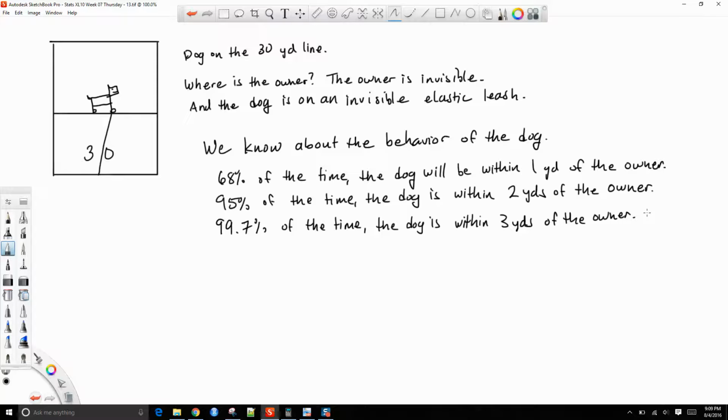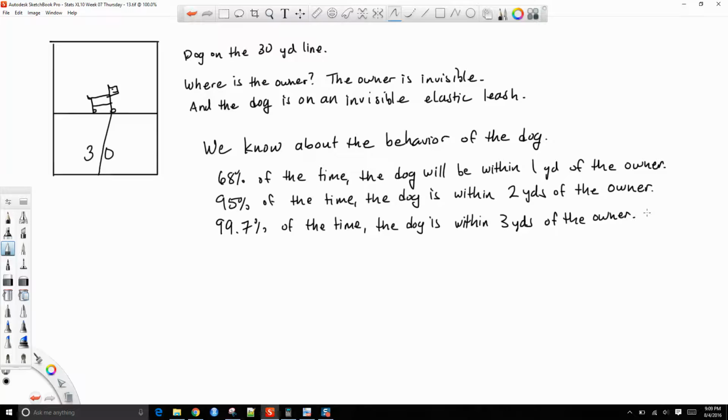Is it going to get past? No, this is a made-up scenario here. You don't know about the owner's behaviors. Well, yeah, we don't know the location of the owner. That's true, okay? The owner's invisible. So based on this, what can we say about the location of the owner? We see the dog at the 30-yard line.